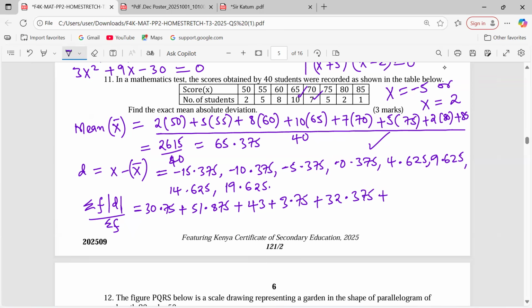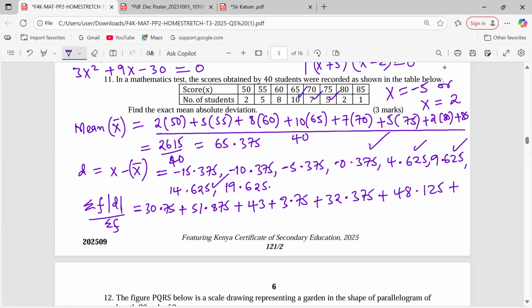32.375 plus a deviation of 9.625. This should multiply 5. So this is 48.125 plus a deviation of 14.625.